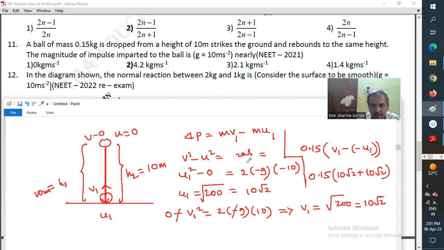So finally, root 2 you can take out common, then this will be 20 root 2. So 0.15 with root 2 times 10 plus 10, which is 20. If you simplify, you'll get the answer 4.2 kg meter per second. So the second option is correct.